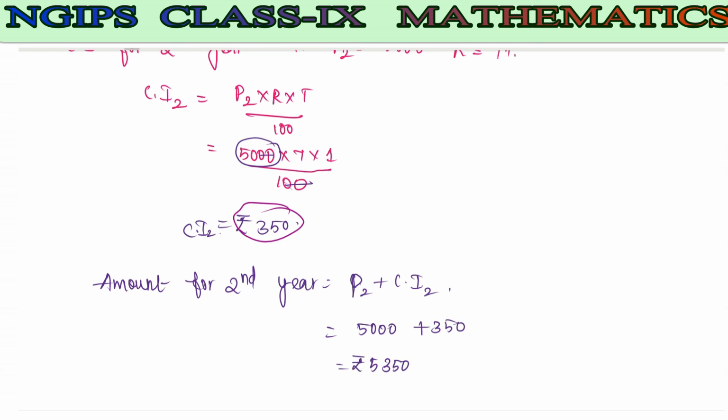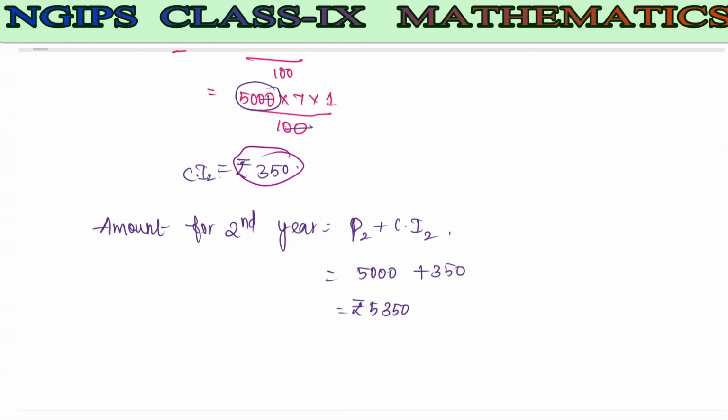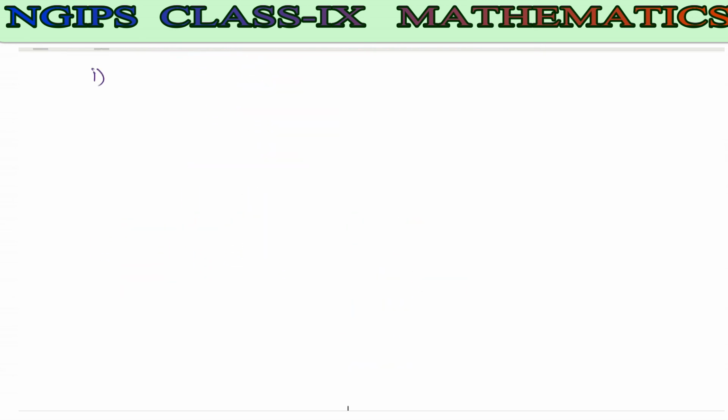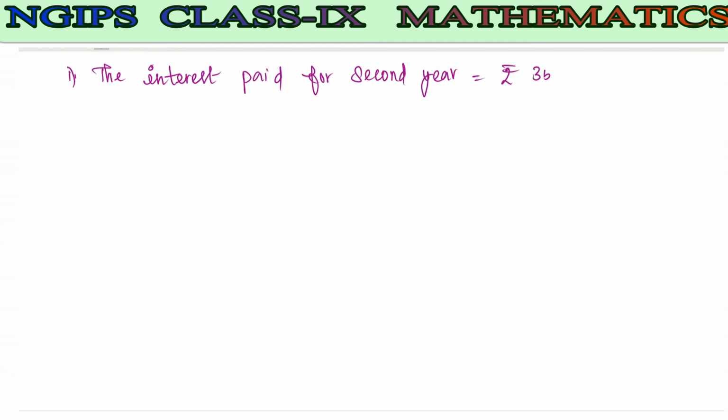Okay, now I am going to write the sub question answers. Here we have the first sub question, the interest paid for second year is equal to, just now we calculated, 350 rupees.